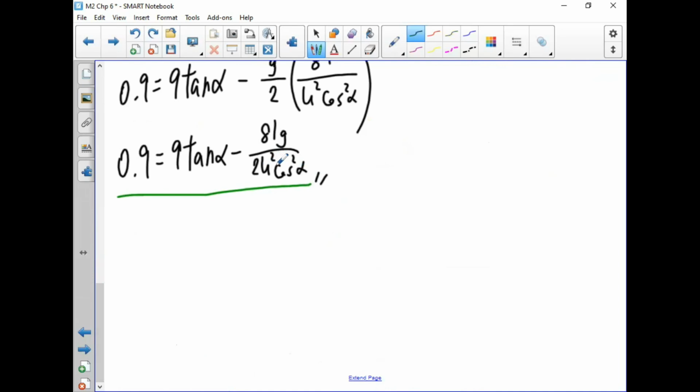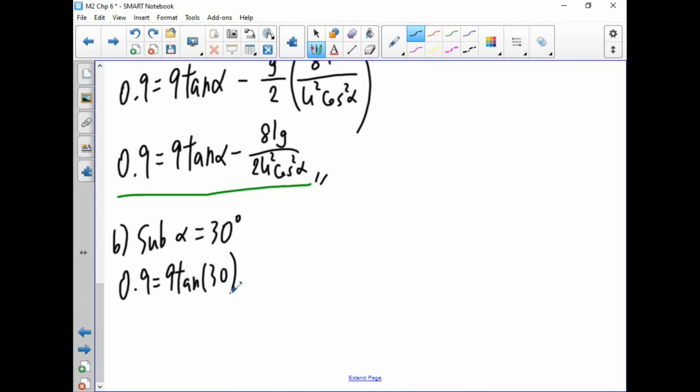So part B, we want to substitute alpha equals 30 degrees first. So 0.9 equals 9 tan 30 degrees minus 81, g is no longer useful, I'm going to put it as 9.8, over 2u squared times cos squared 30 degrees.